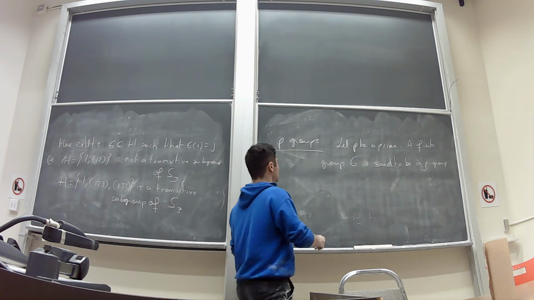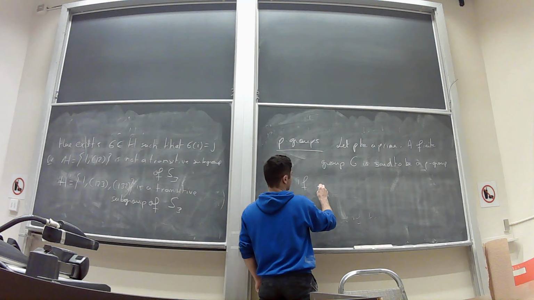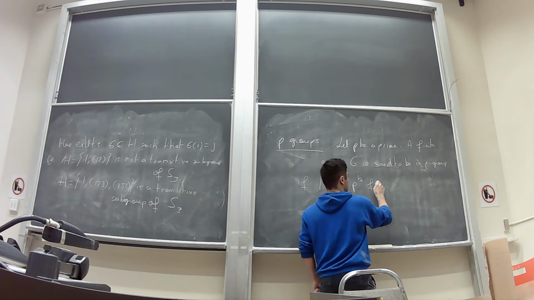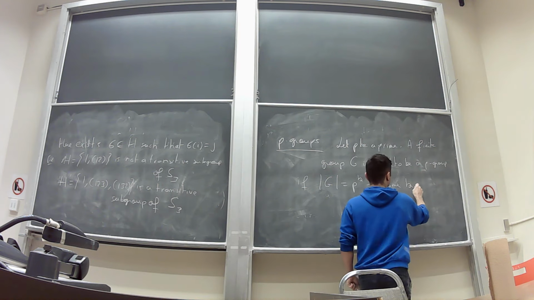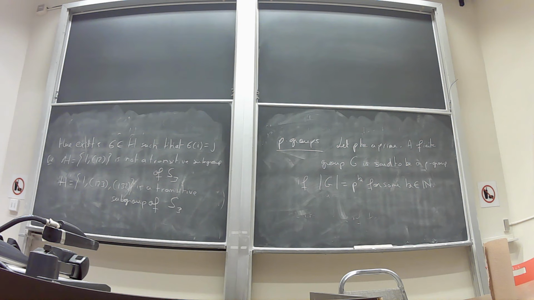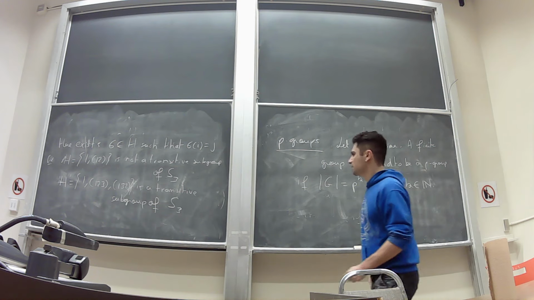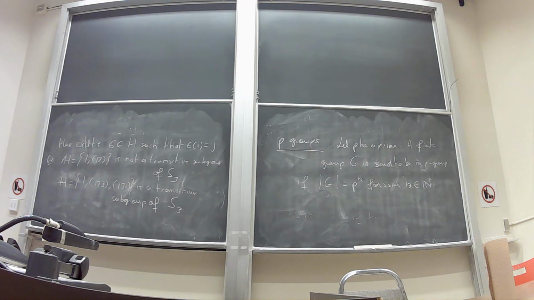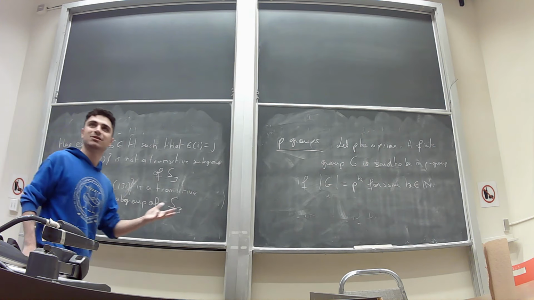So it's said to be a P group if the order of G is equal to P to the k for some k in N. Usually k cannot be assumed to be 0, but some do assume it. Not a big deal.